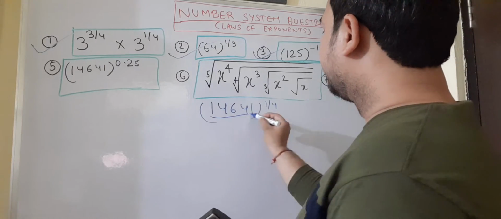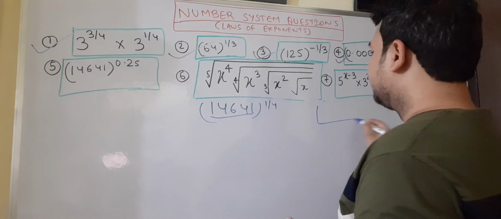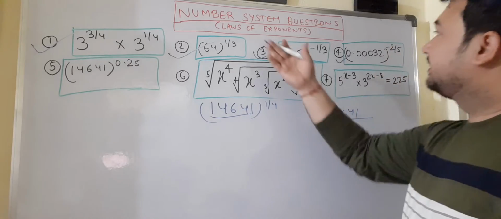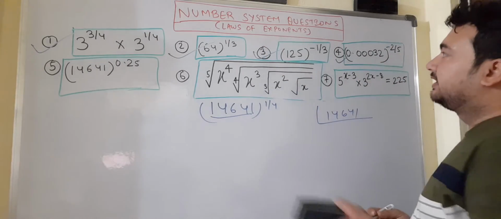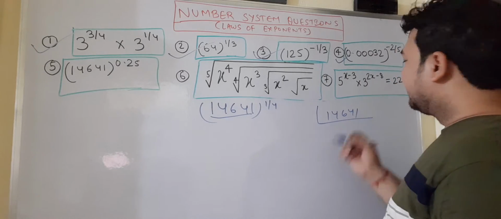Now we need to split this number. How can we do this? Do the prime factorization, but it is 14641, a large number, larger than you have solved in the last 4 questions. Can 2 divide it?